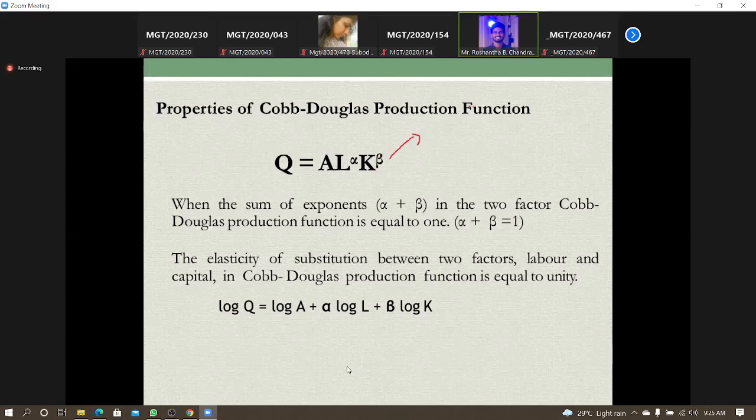In linear form, a production function can normally be written as Q = A + BL + CK.